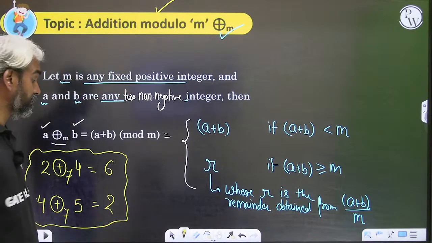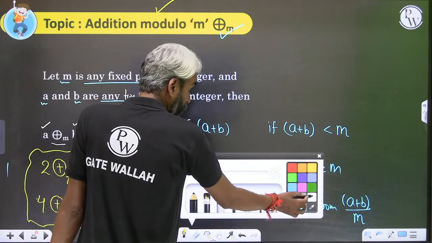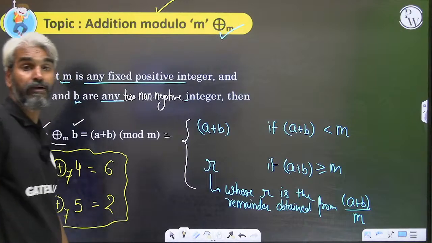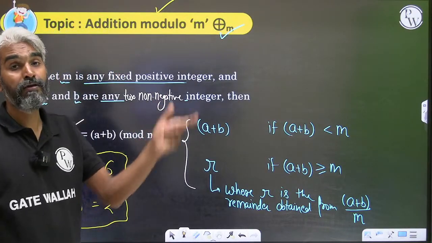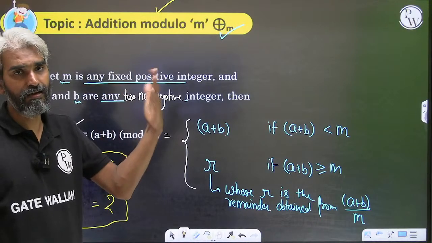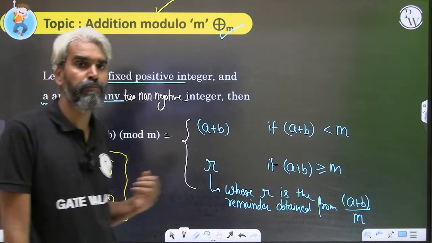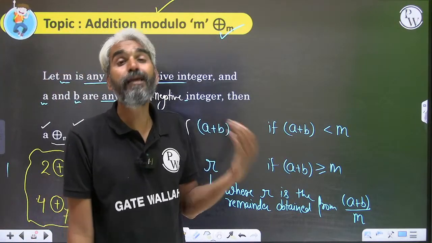Please try to understand what is the problem with normal addition or multiplication. As you keep on increasing the values, the result produced by addition and multiplication will keep increasing.